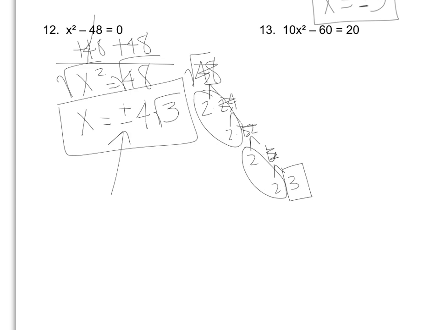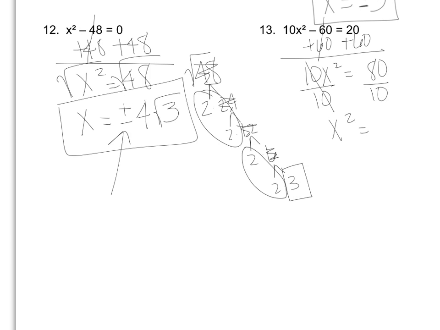Okay, looking at this last one, we're going to add 60. You have 10x squared equals 80. Divide by 10 because you have to get x squared by itself before you can take the square root. So then we can take the square root of both sides. You get x equals, remember, positive and negative. 8 is not a perfect square, so use your factor tree.